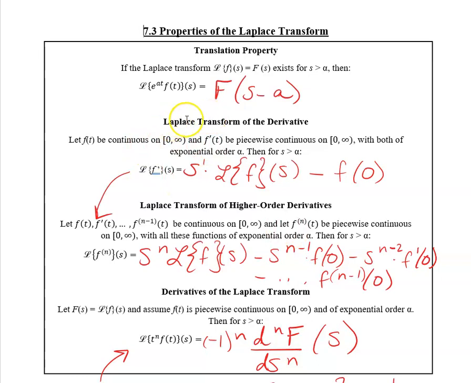Right here, this one, the Laplace transform of the derivative. So the Laplace of f prime is equal to s, and by the way, that looks like a prime. I think that was a 1 when I was trying to remind you that it was a 1, so let me erase that real quick. Here it is again. So it's s times the Laplace transform of f minus f of 0.